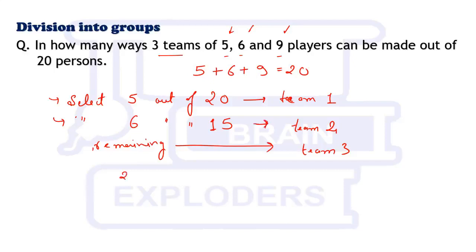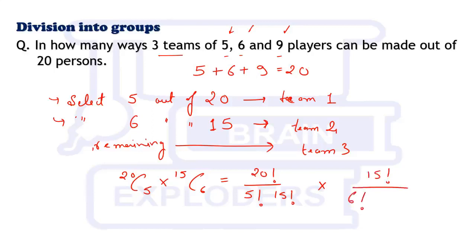So here we have 20C5 times 15C6 possibilities. It is equal to 20 factorial over 5 factorial times (20 minus 5) means 15 factorial, multiplied by 15 factorial over 6 factorial times (15 minus 6) means 9 factorial. 15 factorial gets cancelled out and in the end we have 20 factorial over 5 factorial times 6 factorial times 9 factorial.